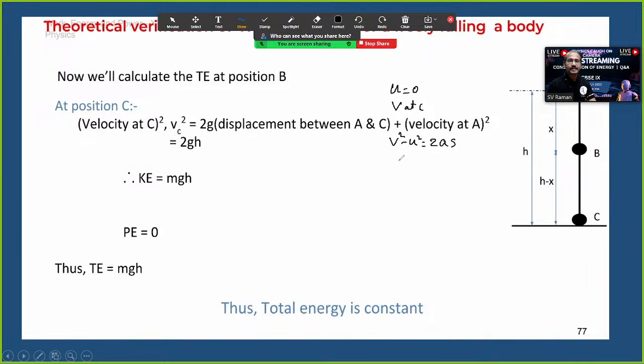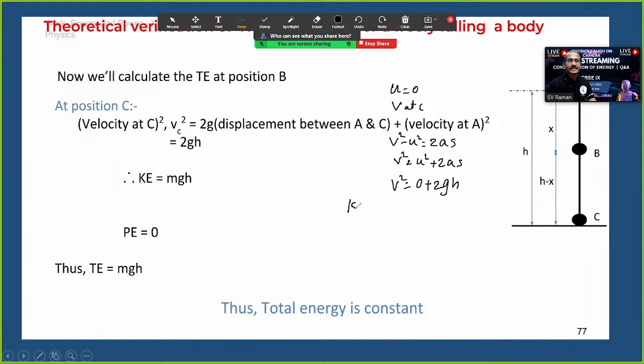In this equation, v square is equal to u square plus 2as. Initial velocity will be 0. So v square is equal to 0 plus 2gh. Here height h at point C we are calculating from point A, so the object traveled height h. Now that is the v square value.